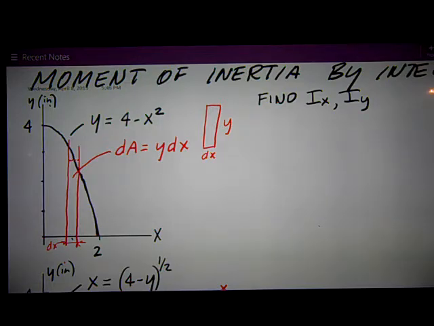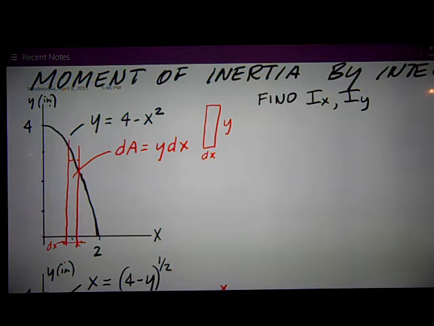Okay, so when we use a little differential element y dx, we're going to look at the equation sheet. We want Ix and Iy, the moment of inertia about those x and y axes on the left and on the bottom.